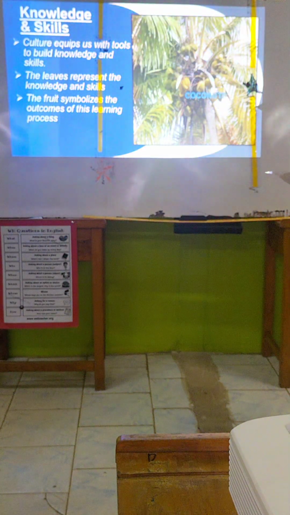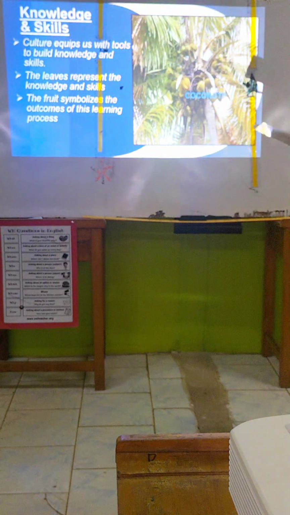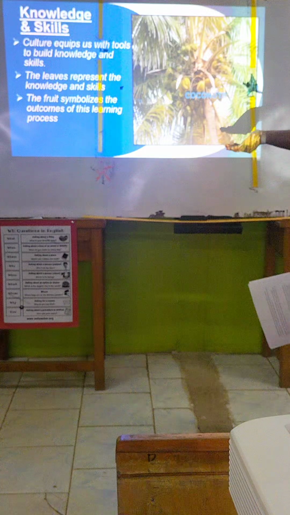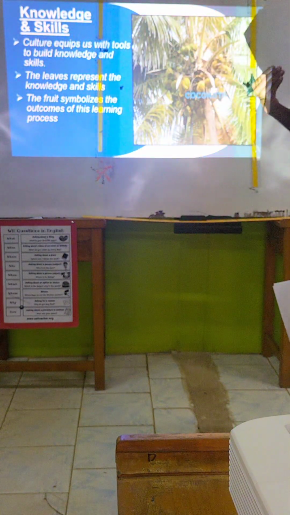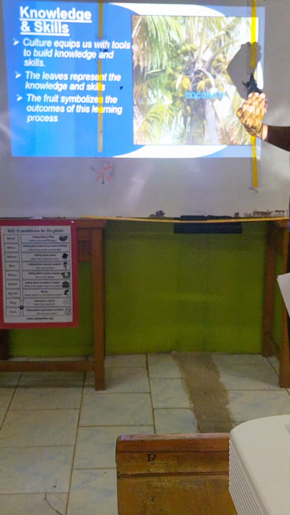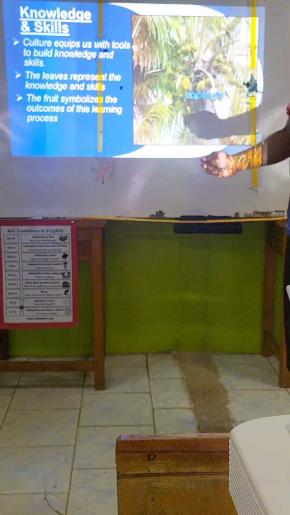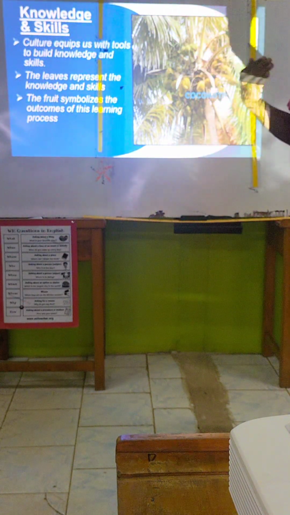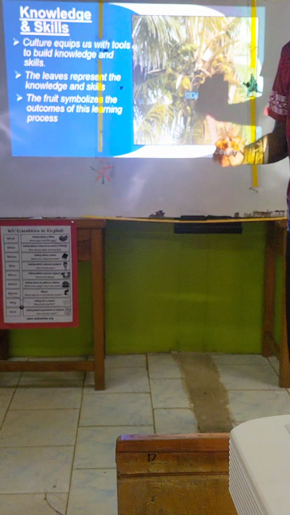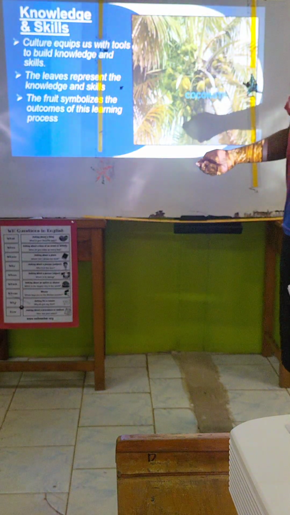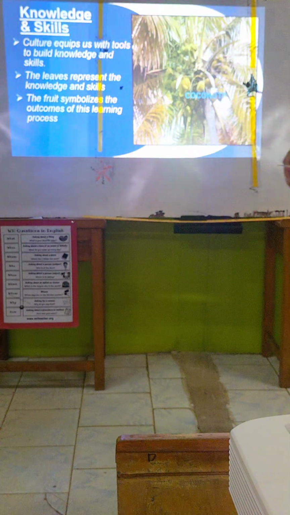Okay, next is the coconuts. The coconuts in this slide represent knowledge and skill. Okay, we all know that culture equips us with tools to build knowledge and skills, the knowledge and skills that we need to equip ourselves with. It's represented by this coconut.